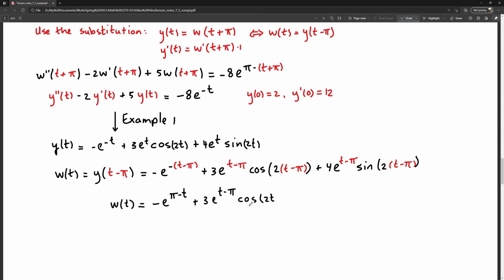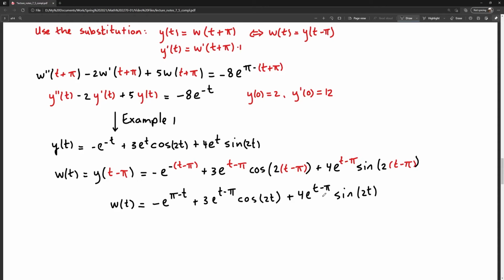But because cosine is periodic with period 2 pi, that's like adding a full revolution to the circle to figure out the cosine. So we can actually ignore that. And so the second part is 4e to the power t minus pi, and then sine of 2t.